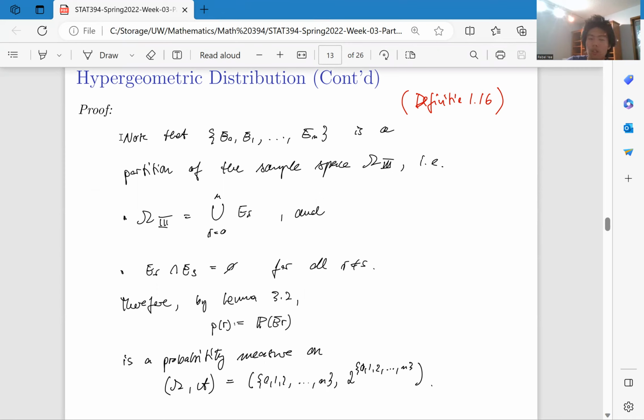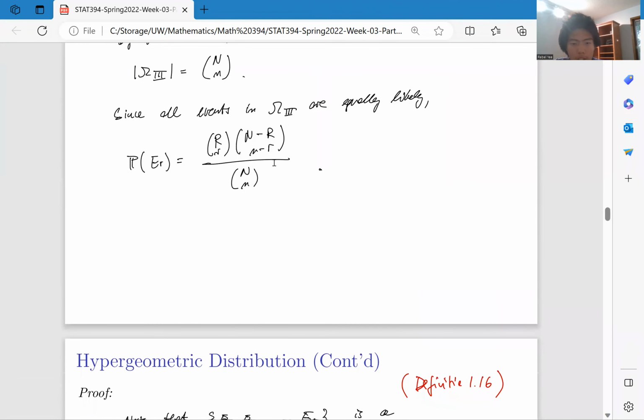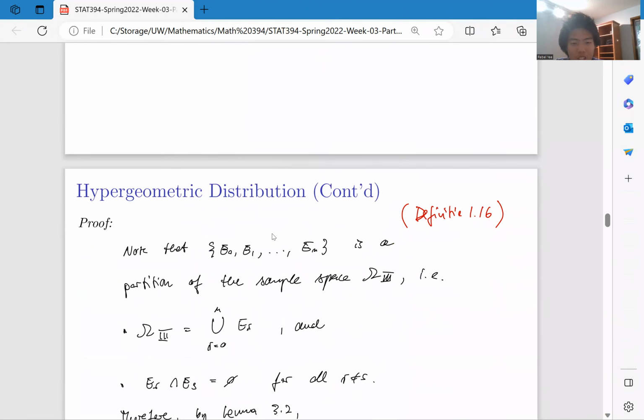Because one of the requirements, the prerequisite for a partition, is that all of the events inside that set are pairwise disjoint, and they also sum up to be 1. Right? They sum up to 1. Is that correct? I really doubt that, because we don't say it's a probability, so it might not sum to be 1.